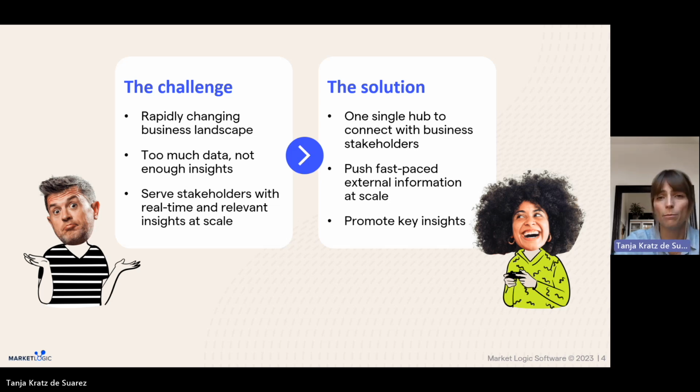Now, from that hub, pushing out fast-paced external information at scale in a way that empowers your decision makers to be competitive in that ever-changing business environment. And promoting key insights so that customer and market insights get into the hands of your business managers across all your categories and business lines faster and more streamlined.